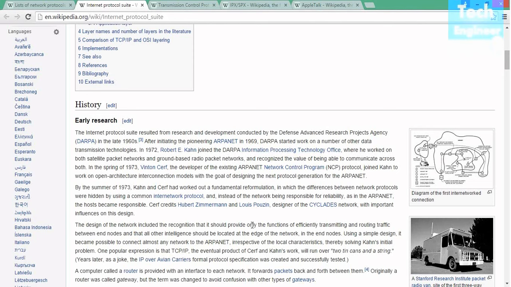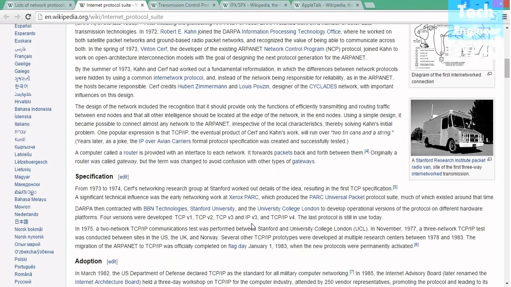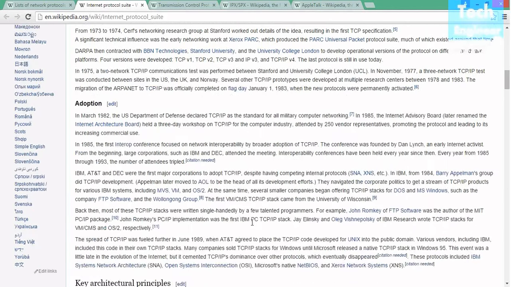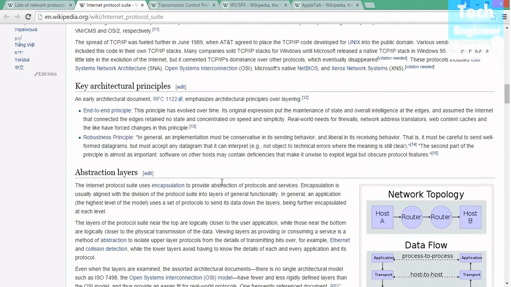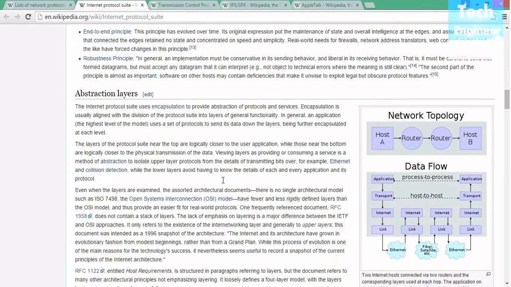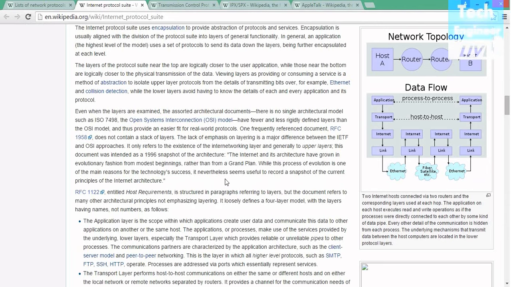So this is the history of TCP/IP, how it was built, what the requirements were, and why it was adopted. This is one such protocol which is currently used for the internet.